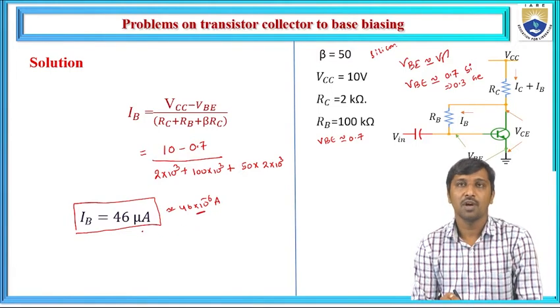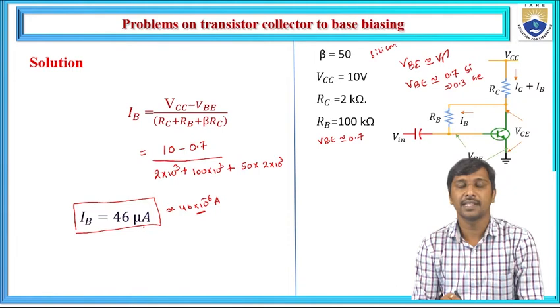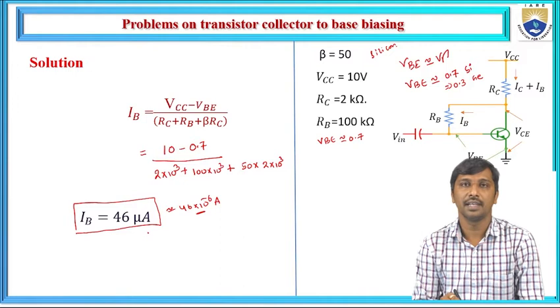Up to this point, we have found how much base current flows with respect to the biasing voltage and biasing components. To determine the operating point, we need to find the collector current.